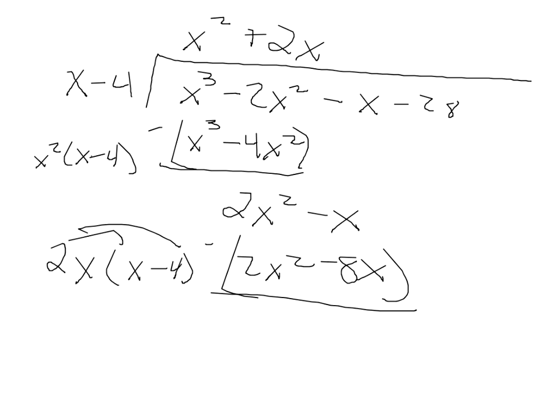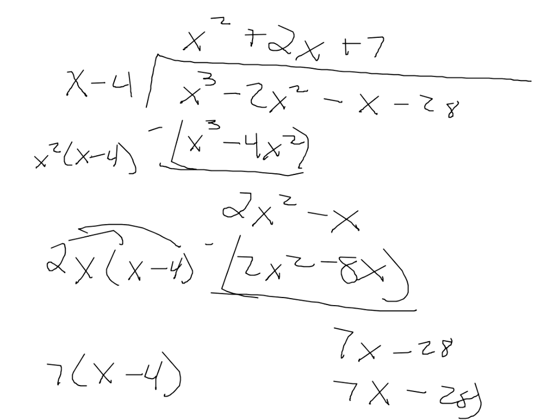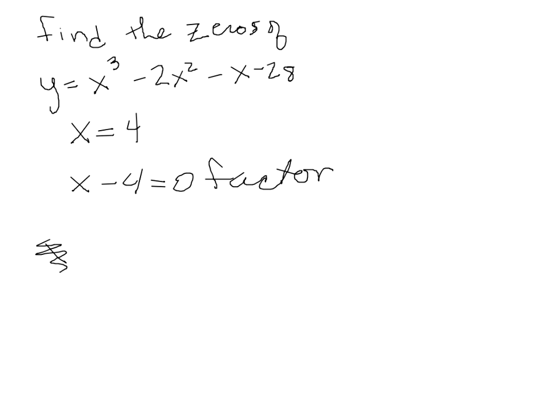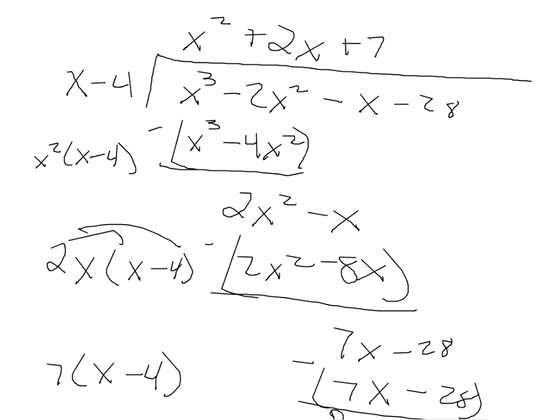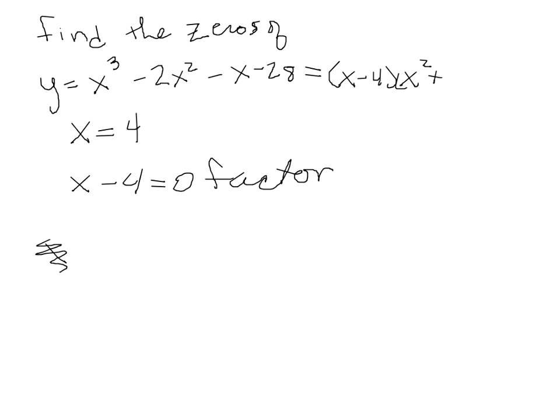So the x squareds cancel, and I get 7x. Bring down the 28. And x is going to go into that 7 times. And I get 7x minus 28. When I subtract that, I get remainder 0. Okay, so going back, that says that this polynomial factors into x minus 4 and x squared plus 2x plus 7.